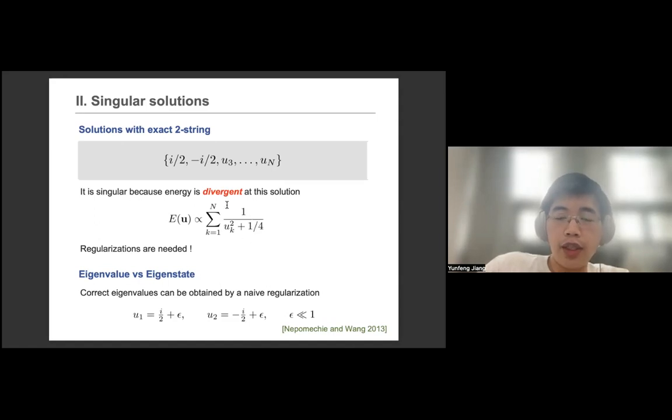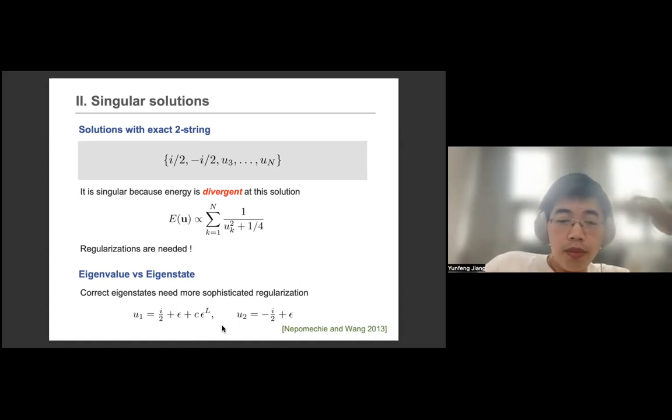Then you will get the correct energy eigenvalue. But if you want to get the correct eigenstates, this is more difficult. You will need a more sophisticated regularization, and you need to add some extra terms, C times epsilon to the power of L, where you need to fix C later on. In this way, you can get the correct eigenstate. They actually performed this calculation and compared with a direct diagonalization and confirmed that their proposal is good.